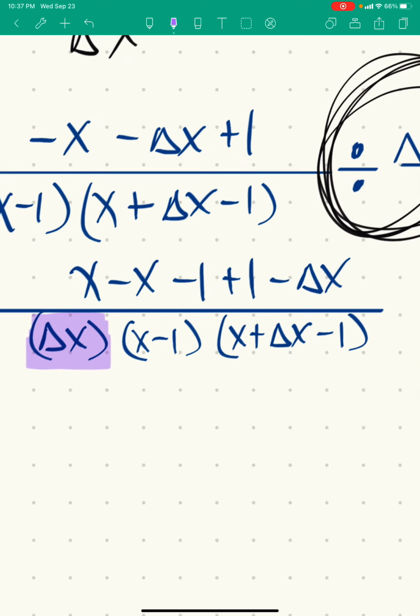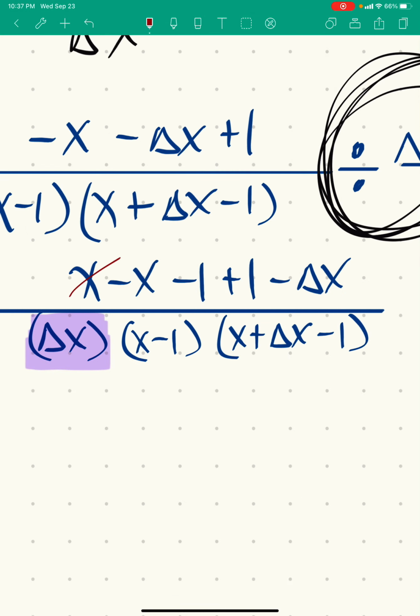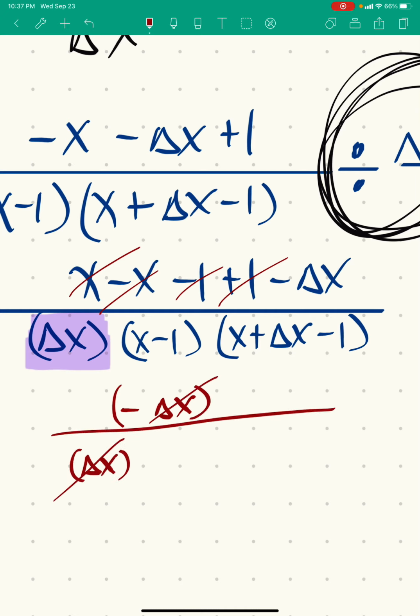So now this is where we're at. Let's do some algebra. Let's fix this up. X minus x, gone. Negative 1 and 1, gone. My rewrite is negative delta x over delta x, so these guys are clearly going to cancel out. And I'm left with 1 over x minus 1 times x plus delta x minus 1.